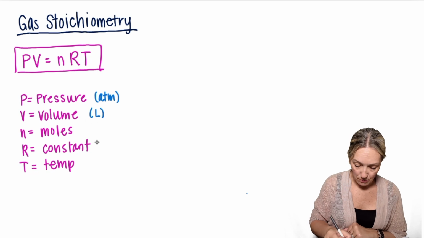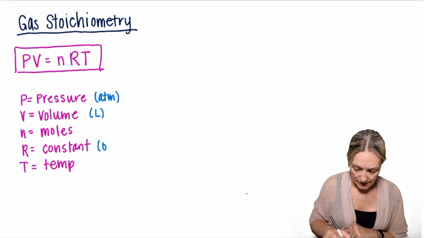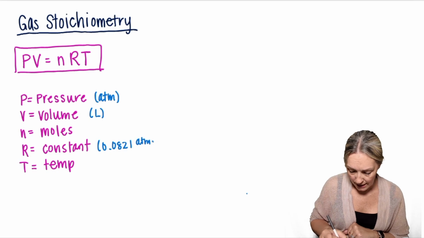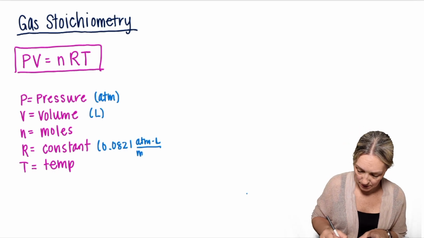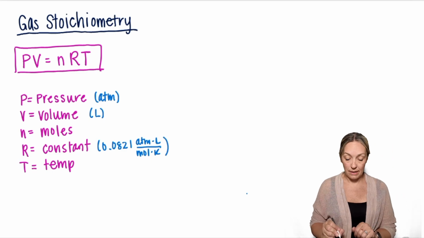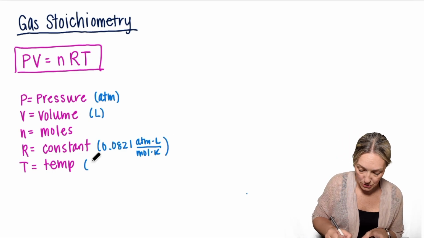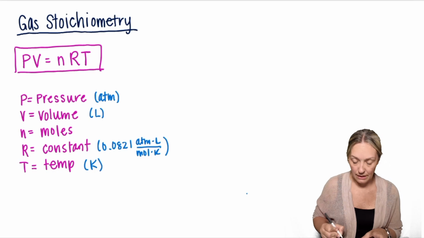Moles will be measured in moles. R is a constant, and that constant is 0.0821. That constant, though, must only be used when we are using atm, liters, moles, and Kelvin. So that's the unit on my constant, and temperature must always be measured in Kelvin.